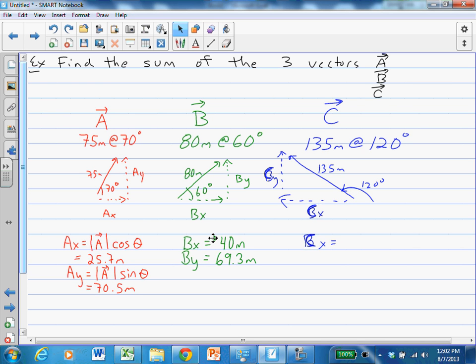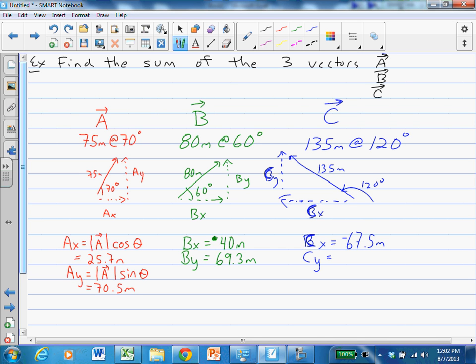I saw that that was wrong before because I knew it should be negative in the x direction because it's going this way. And CY should be positive, and that's 135 times the sine of 120, or 116.9 meters.